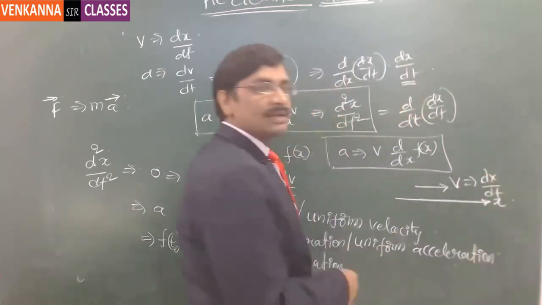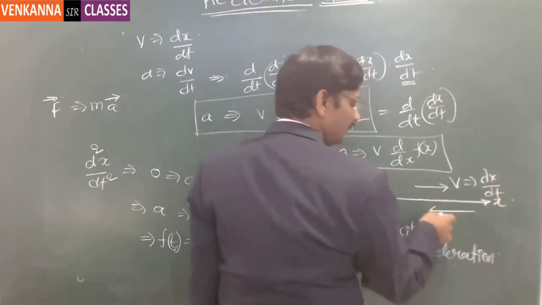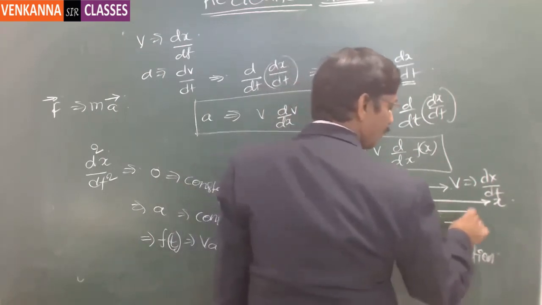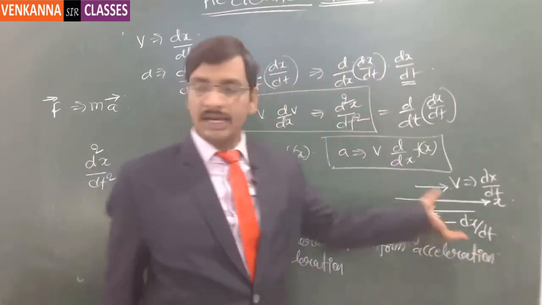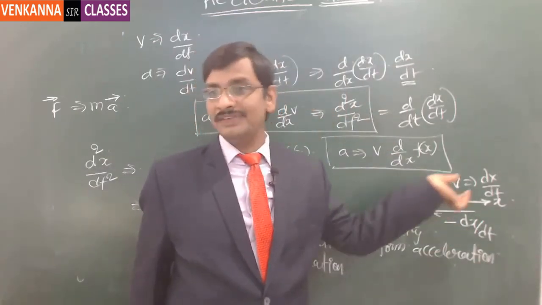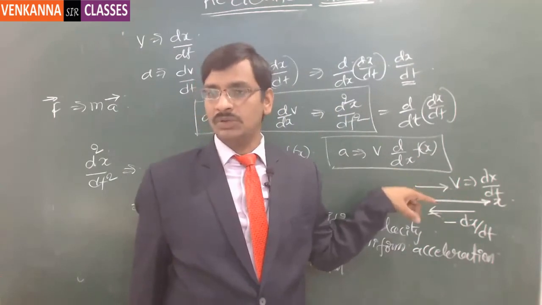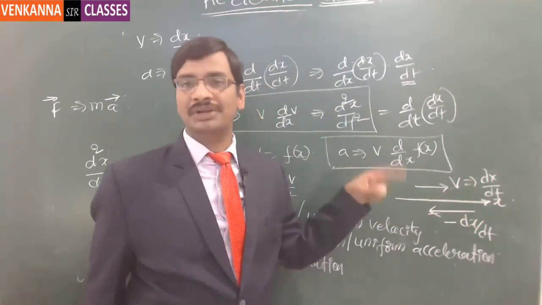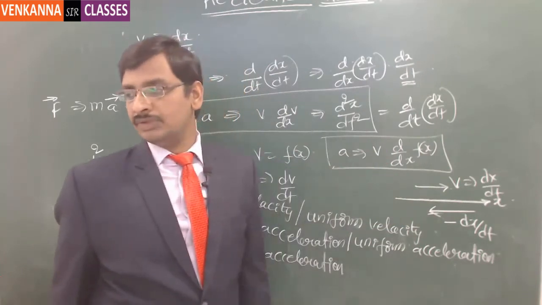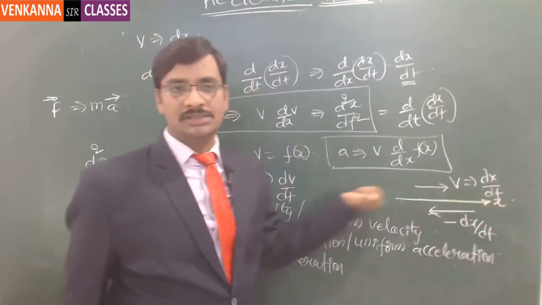If the particle is moving in the negative direction of x, then we treat it as minus dx by dt. The direction of increasing displacement is treated as positive, and the opposite, decreasing direction is treated as negative.